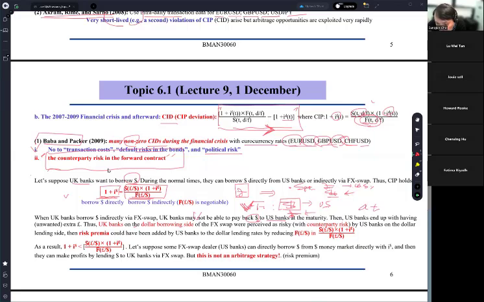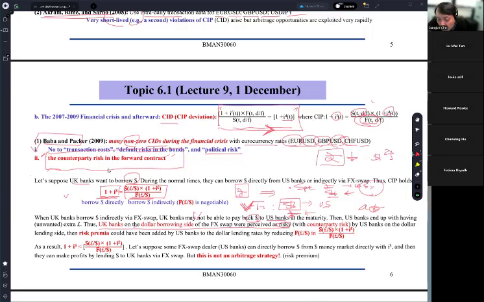So at T+1, US institutions have more pounds and fewer dollars. Thus, UK banks on the dollar borrowing side of FX swap were perceived as risky because of this issue. US banks don't want to get extra pounds. So I talk about two different reasons. For example, during the crisis time, usually the pound depreciates and the dollar appreciates.